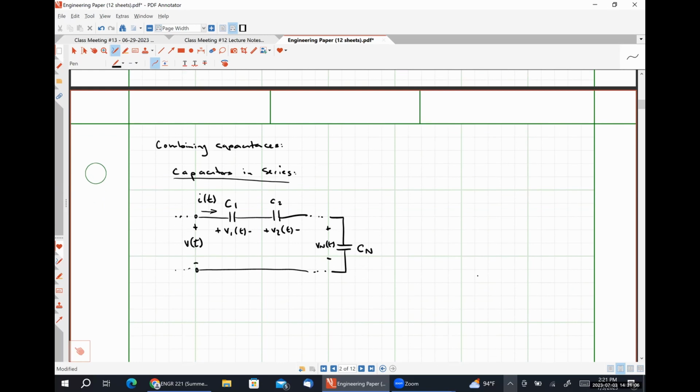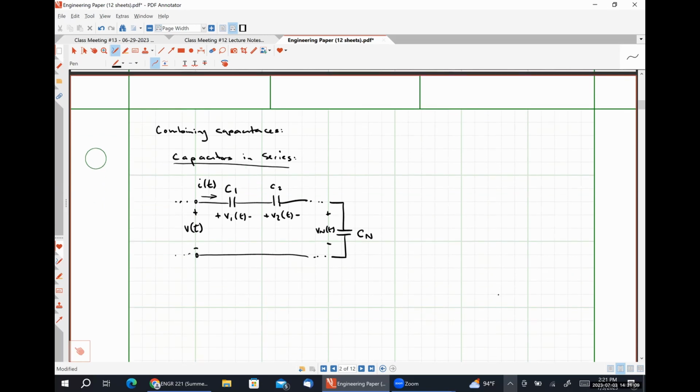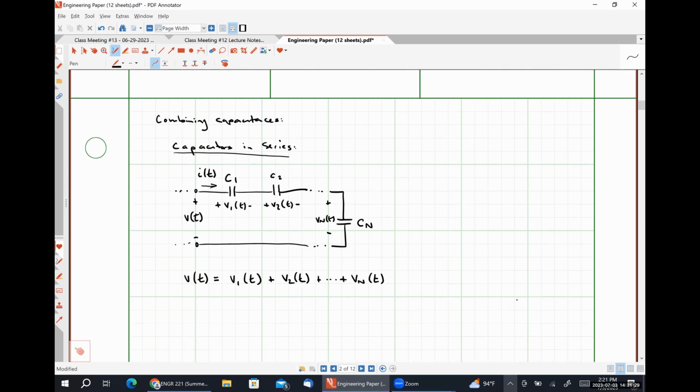And by applying Kirchhoff's voltage law, I can see that V of t, the total voltage drop, is going to be V1 plus V2 all the way out to V sub n. I can express all of those voltages in terms of my common current, I of t.